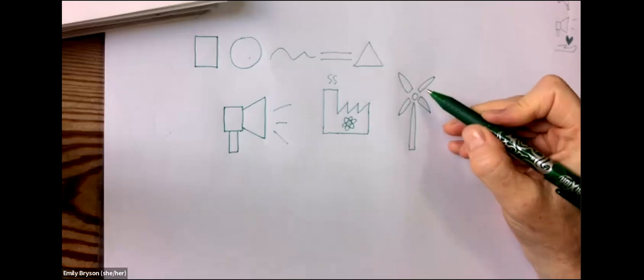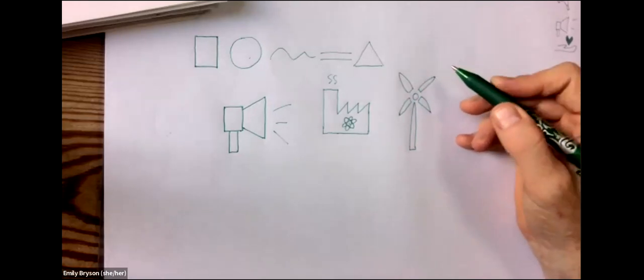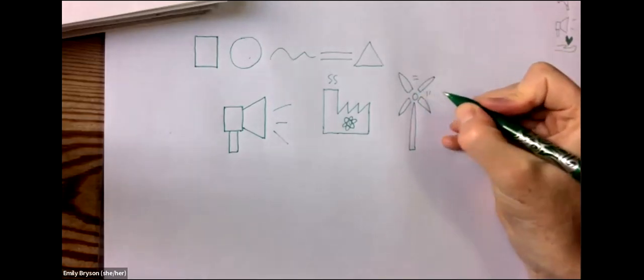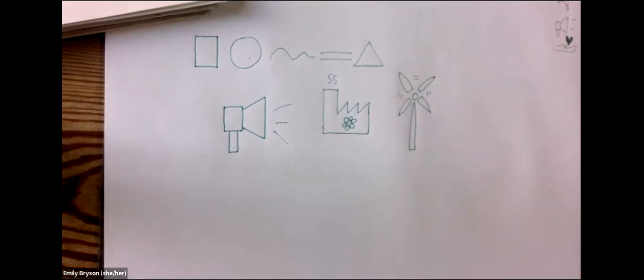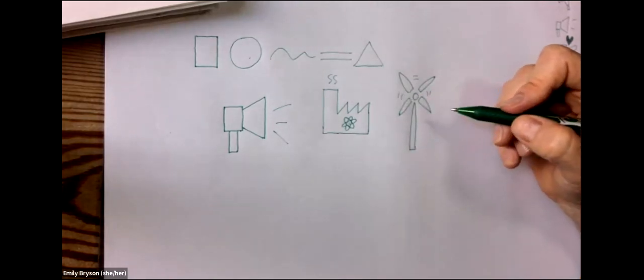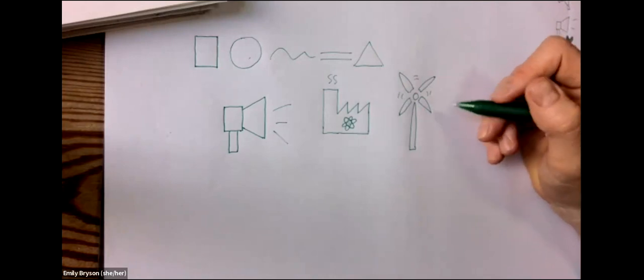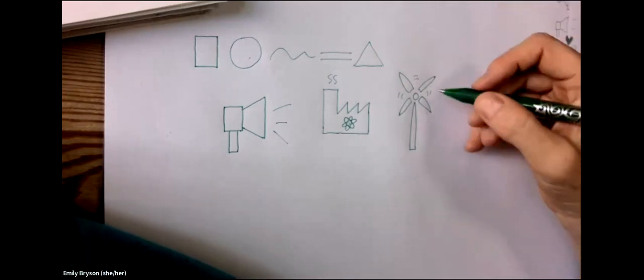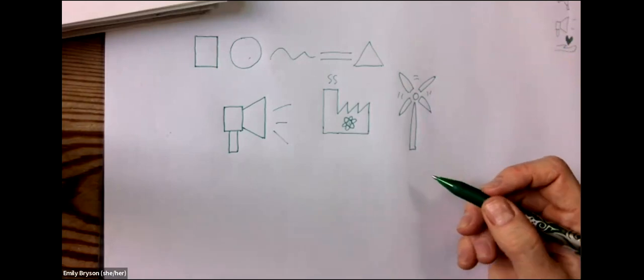Okay, and these are actually kind of different sizes. They're not perfect, but it's okay because, you know, we're teachers and we're drawing quickly on a whiteboard or drawing quickly here. So don't worry about perfection. It's about getting the idea across.